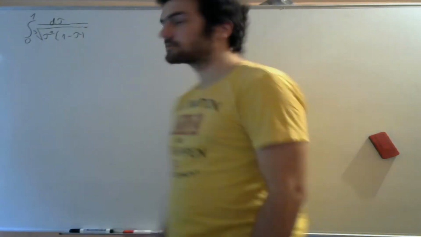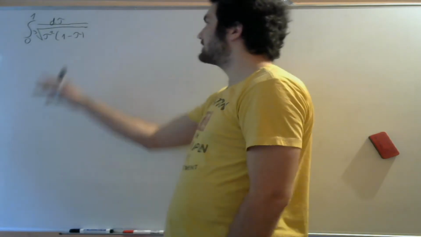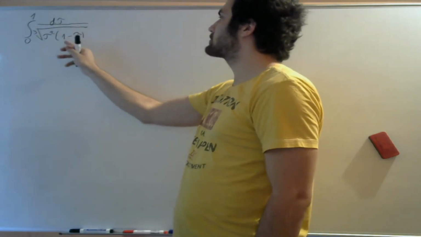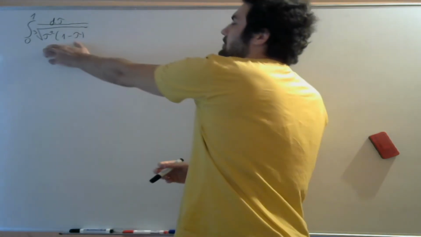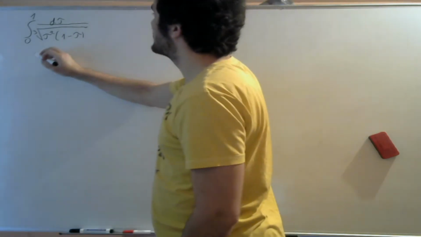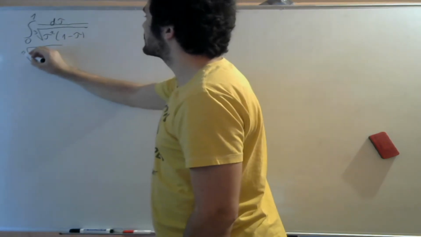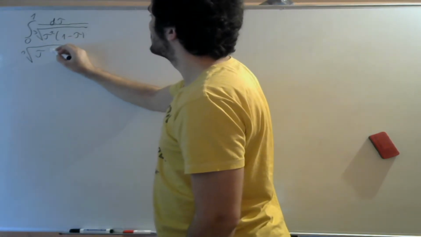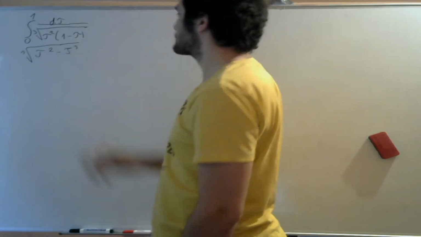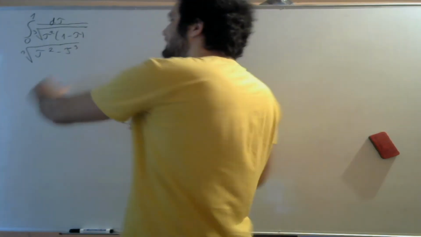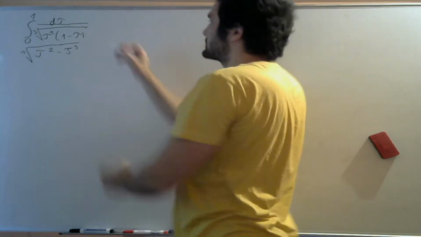In this video we will consider an integral from 0 to 1 of d tau over the third root of tau squared times 1 minus tau. Alright, so we will simplify the denominator and have it in the form third root of tau second minus tau to the third power. Let's take tau to the third in the front.